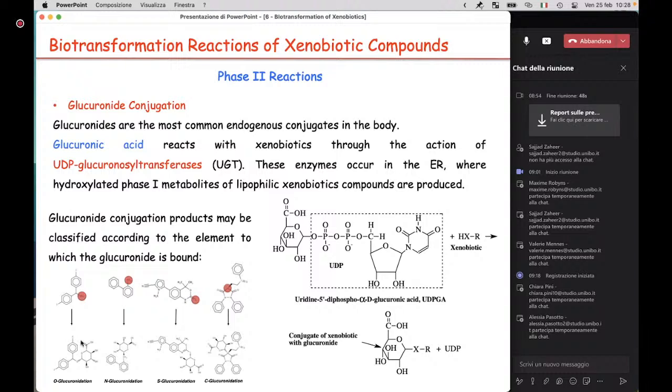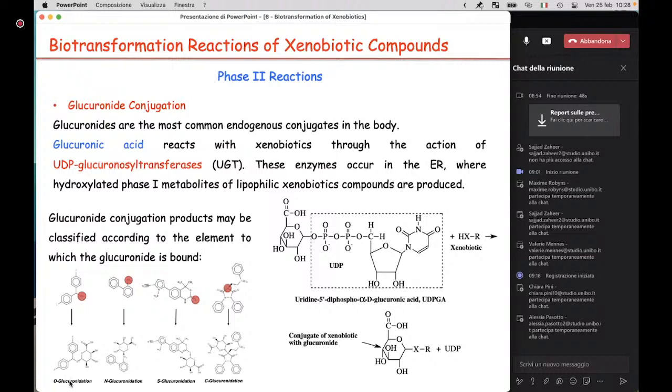Okay, so those are all examples of glucuronidation. The images are quite small, but you may imagine that this is an oxygen, an alcoholic group, and it is changed to a glucuronide, and this is called, of course, O-glucuronide.